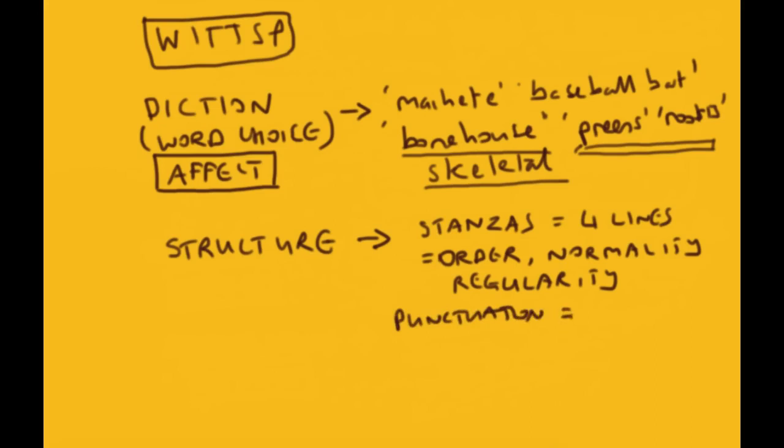And then we draw the comparison of that to the punctuation in the poem, which is completely the opposite. There is a lot of disorder in the punctuation of the poem. We call it disarray. We could talk about disruption. So there's a lot of disorder, disarray and disruption within the order or regularity.